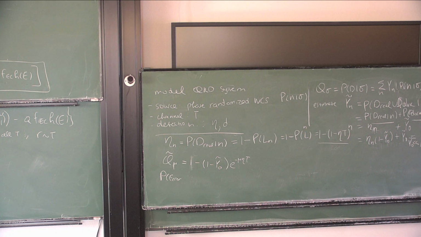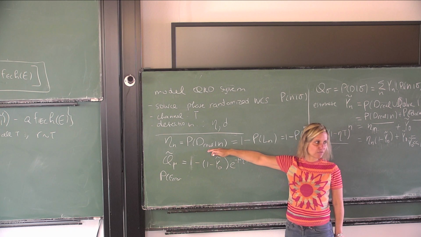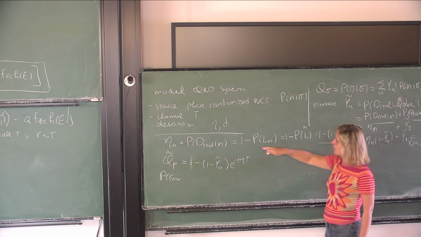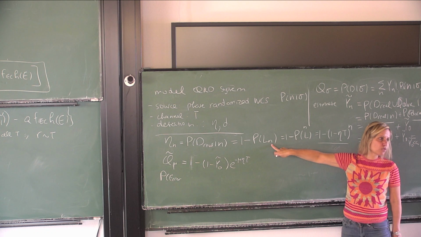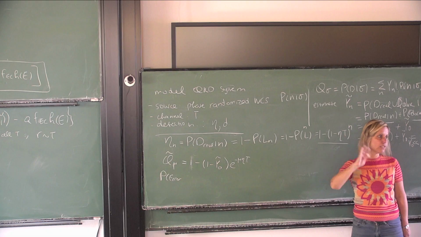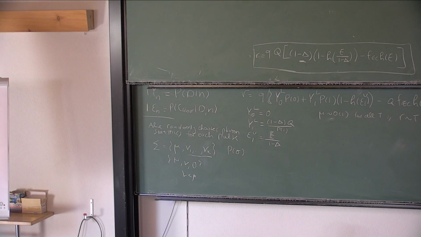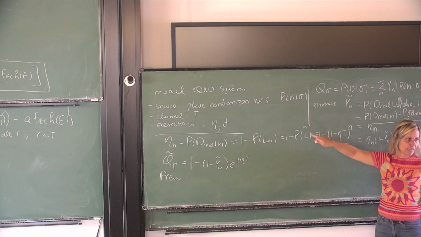Yes? What is the efficiency when you calculate it? It's the probability of loss. Okay. So essentially what I have written here is that to get a detection event from a real photon, it means that you haven't lost your photon. It's 1 minus the probability of losing your photon. Assuming that each one of the photons is lost independently, this is just the probability of losing 1 photon to the power n.